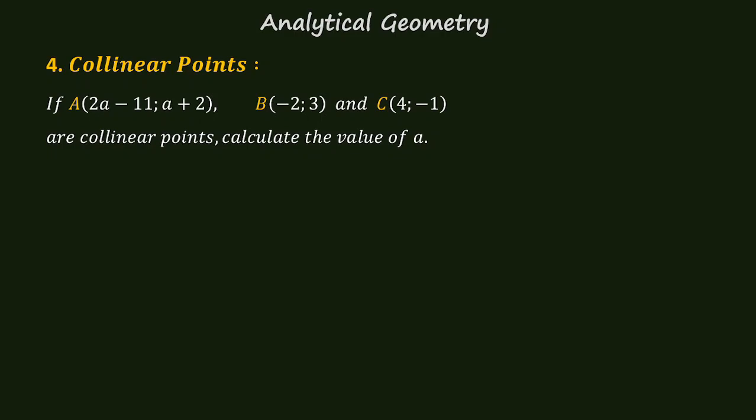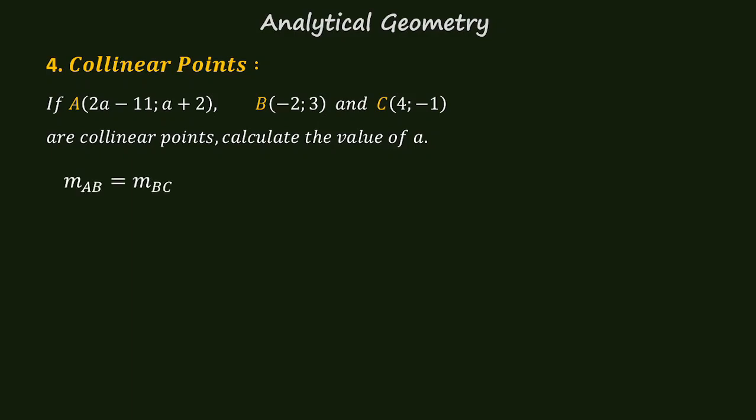Whichever 2 points you pick, if you are told that they are collinear, they will always give you the same gradient. That is how you solve most of these problems, by using the property that they have the same gradient.